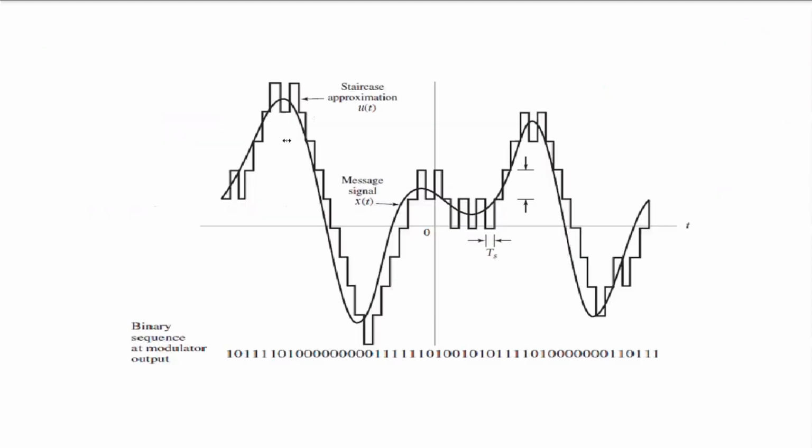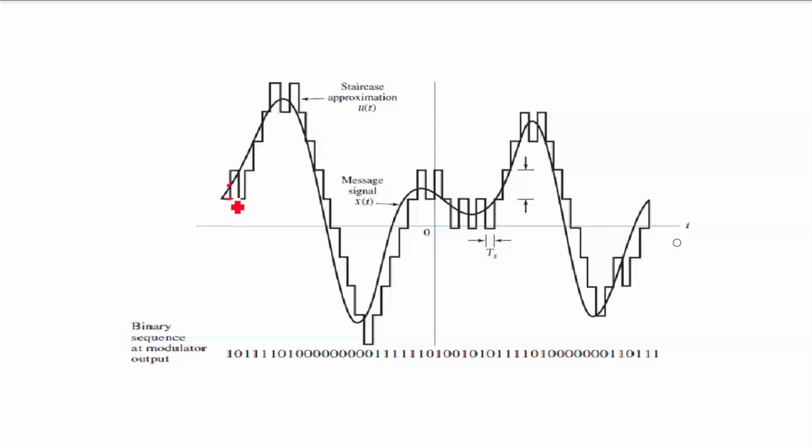Step size will be decreased by delta. So take the signal. Let us say this is the signal x of t, and the staircase kind of wave you can see can be considered as its approximation. Say, for example, at this sampling interval the signal has a value somewhere here, and its predicted value is somewhere here.